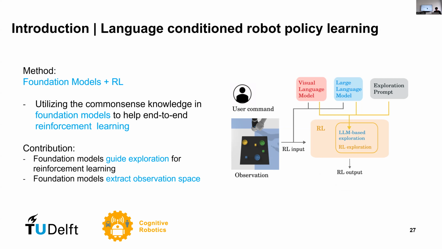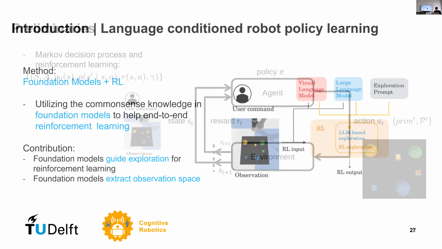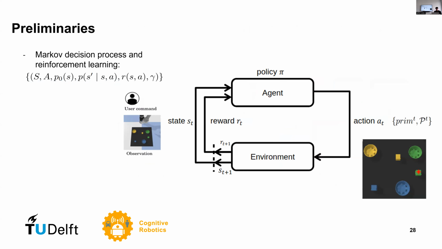Our main contribution is to use foundation models to guide exploration for reinforcement learning, and also to use foundation models to extract the observation space. We formulate our problem as a Markov decision process, which is commonly used in the reinforcement learning community. First, you have an environment, and your robot agent gets a state. For example, our task setting has a state consisting of the user command input and the observation image along with the robot state. Based on the state as input, the policy gets an action that maximizes the aggregate reward.